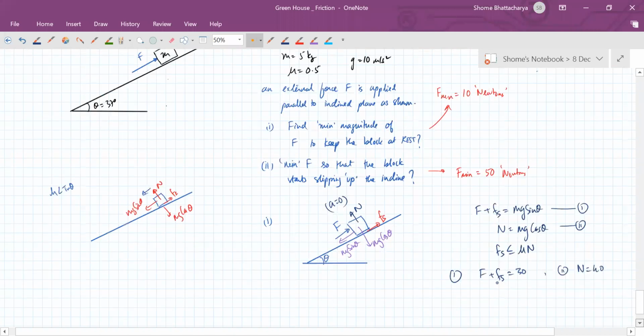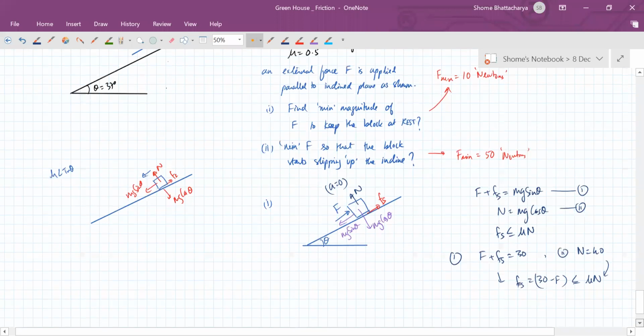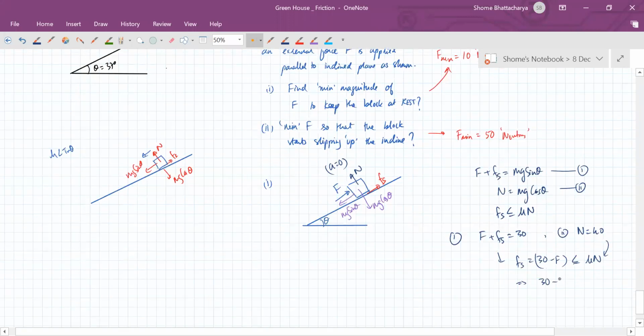So now static friction, which is equal to 30 minus F, should not exceed mu n. So 30 minus F, which is the amount of friction we require, should not be larger than 0.5 into 40. So 30 minus F should be less than equal to 20.